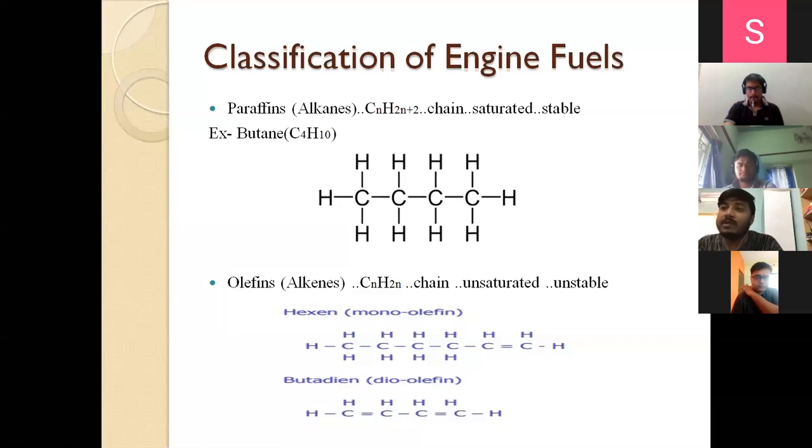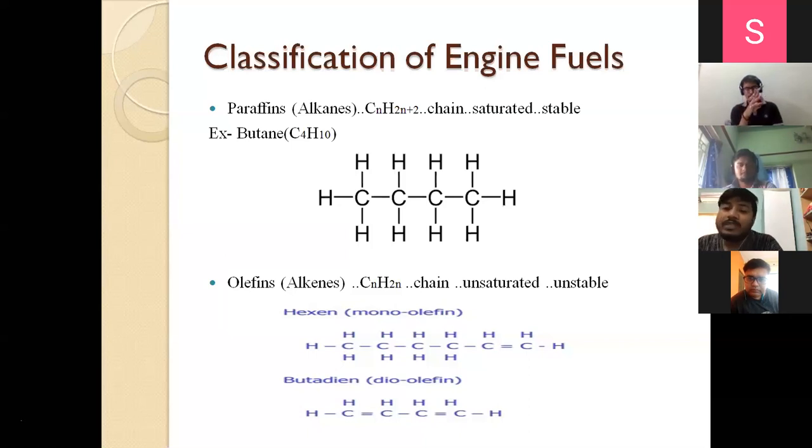So it will be CH4. Now the example I have given is butane. Butane has N equal to 4, that means 4 carbons. So H will be 10 as per the formula. So it will be C4H10.